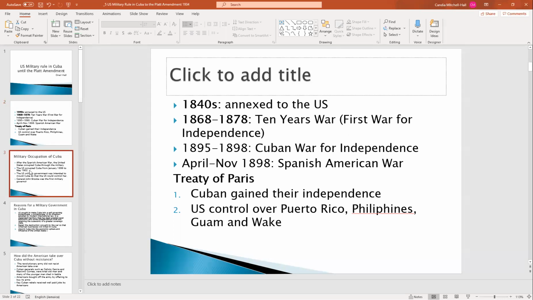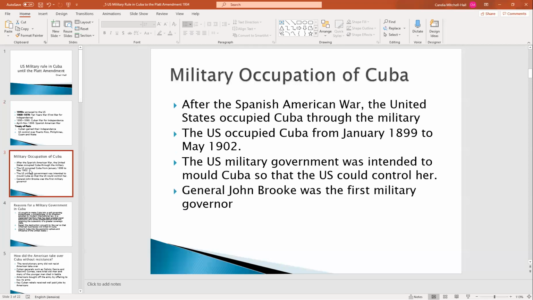Then immediately after they gained their independence, the US implemented or appointed a military person to be governor of Cuba, to control Cuba politically. And they controlled Cuba for 4 years.